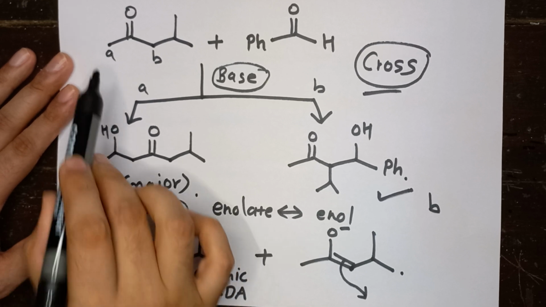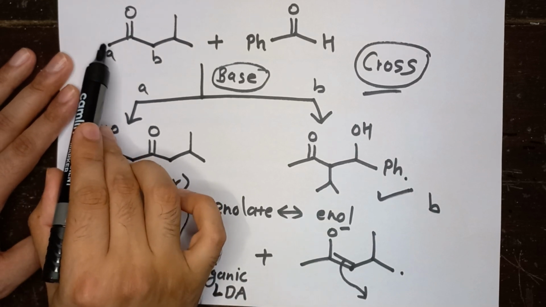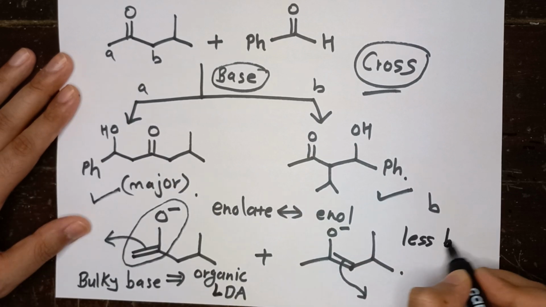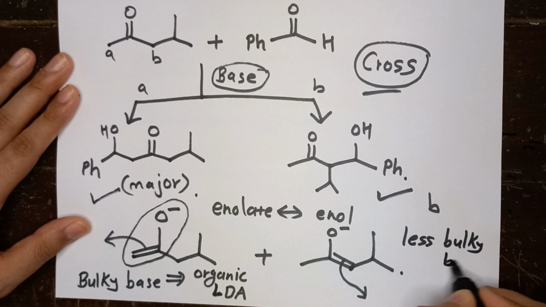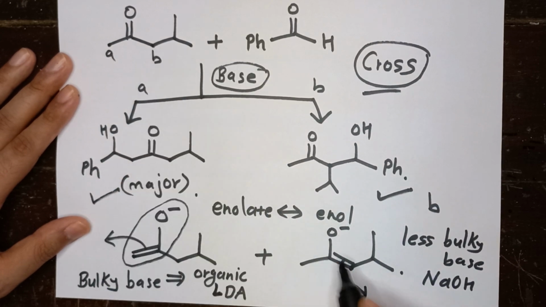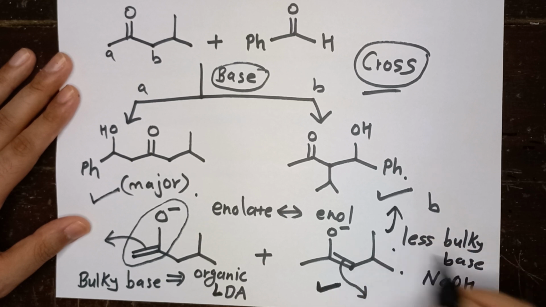This will abstract the proton from the less hindered side. But if you take a less bulky base like inorganic bases like sodium hydroxide, they are small in size. They can go inside and take away the proton from B, giving me this enolate as the major one, and this will lead to the B product.